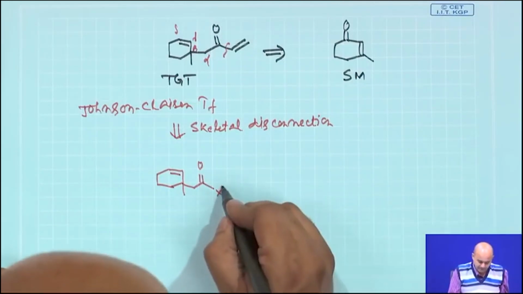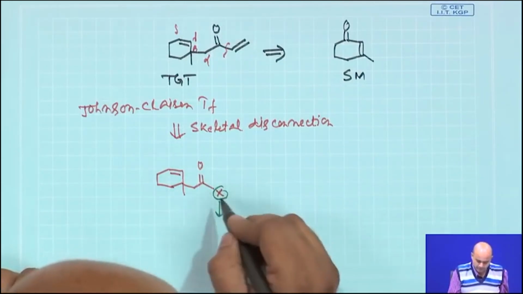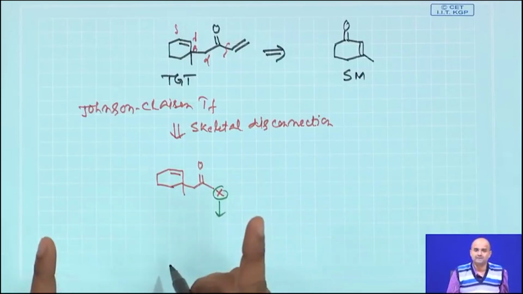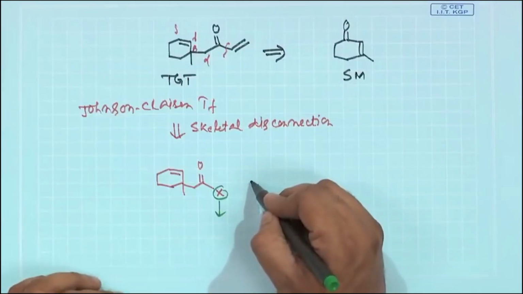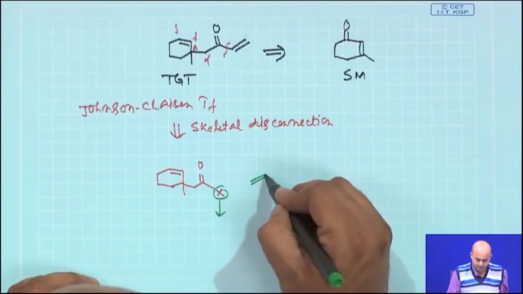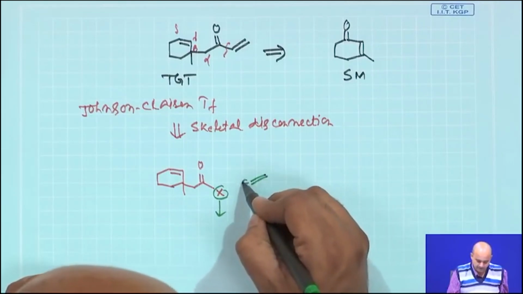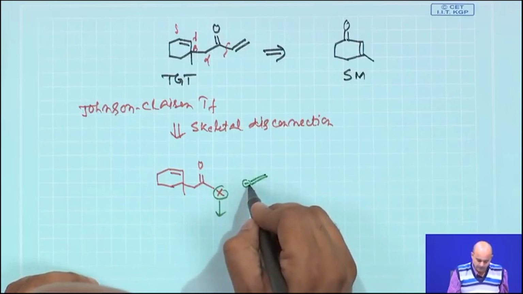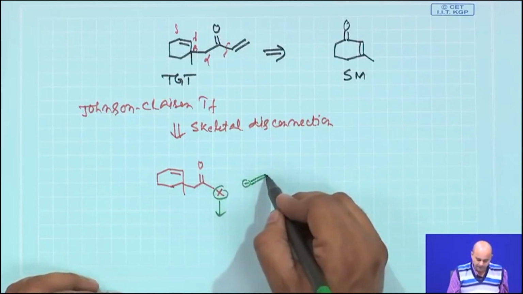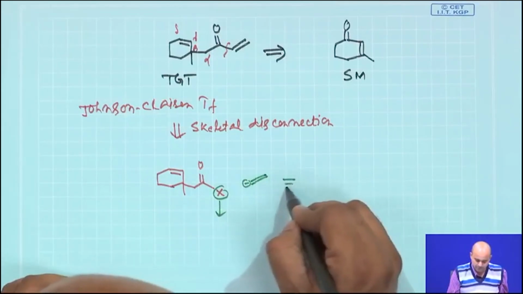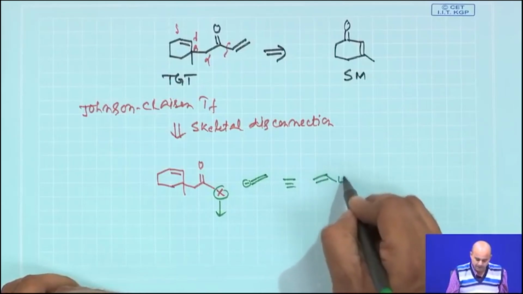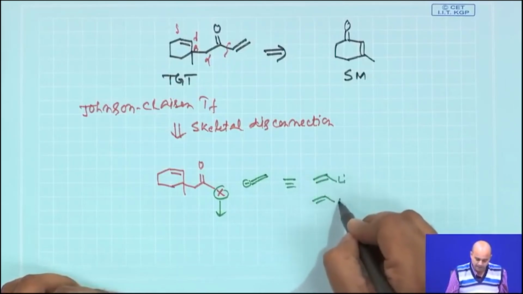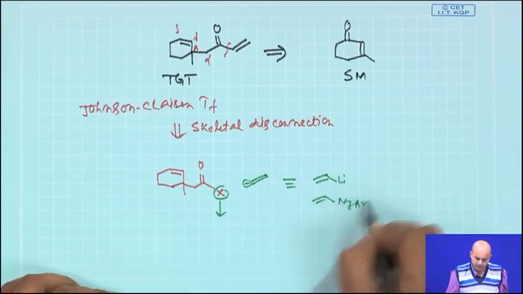Now, I say this X should be something which will only accept one equivalent of vinyl lithium or another vinyl species. Basically, you need a vinyl species here, which could be coming from vinyl lithium or vinyl magnesium bromide, is it not?